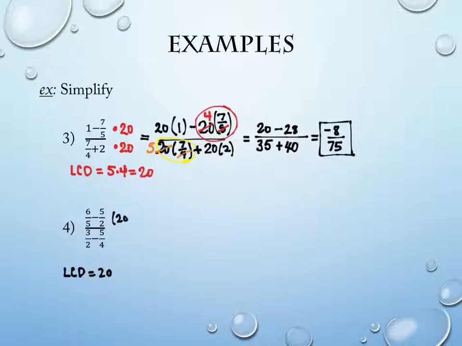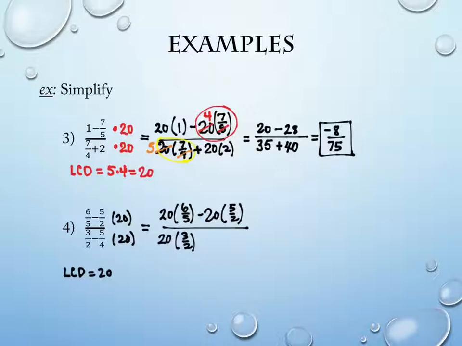Okay, we're going to multiply top and bottom by 20, which means every piece gets multiplied by 20. So I have 20 times 6 over 5 minus 20 times 5 over 2 all over 20 times 3 over 2 minus 20 times 5 over 4.